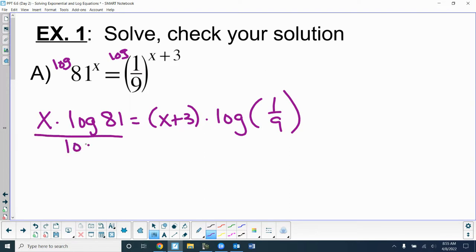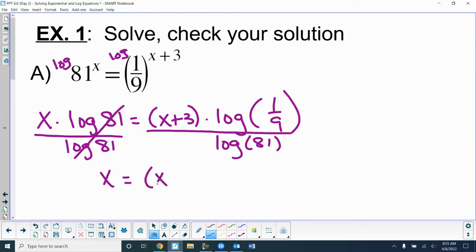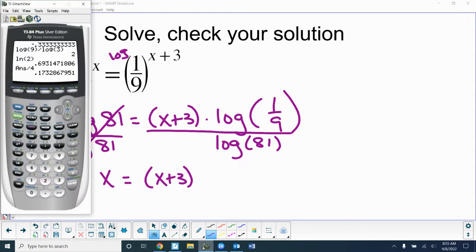I always like to take the log on the left over to the log on the right. So I just have x on the left. I still got this x plus 3. And then I'm going to get a number here that I'm going to have to distribute. All right?